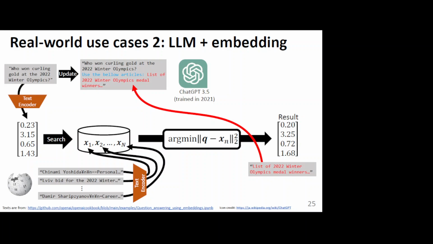So using the below articles we found from our vector database, we ask ChatGPT again. And now ChatGPT has knowledge about the 2022 Winter Olympics, so it can give you the correct answer. Such a technique is called RAG, which is what our term project wants to do.